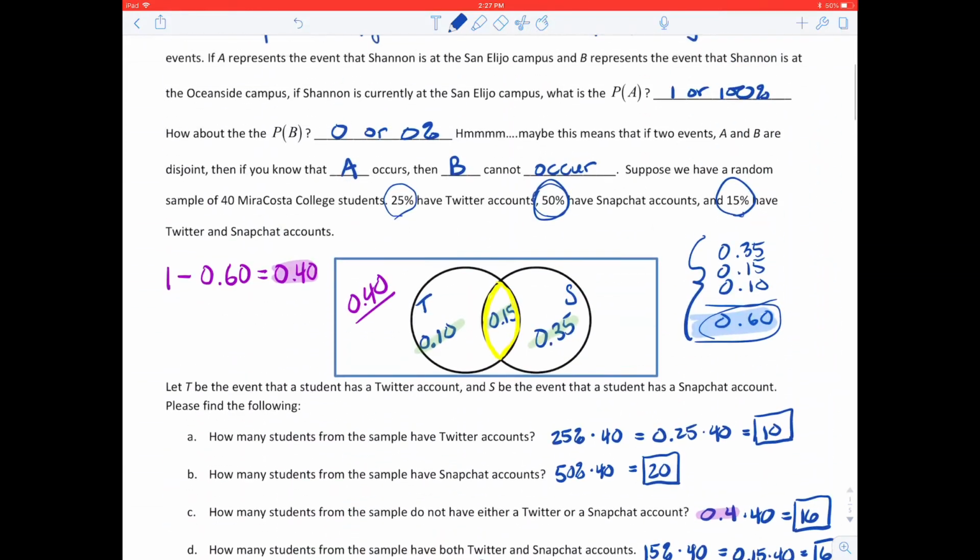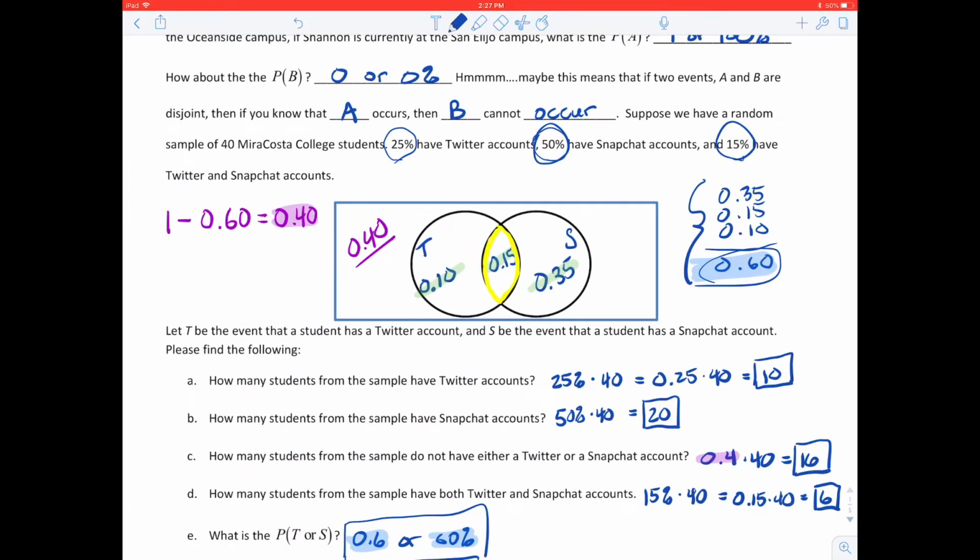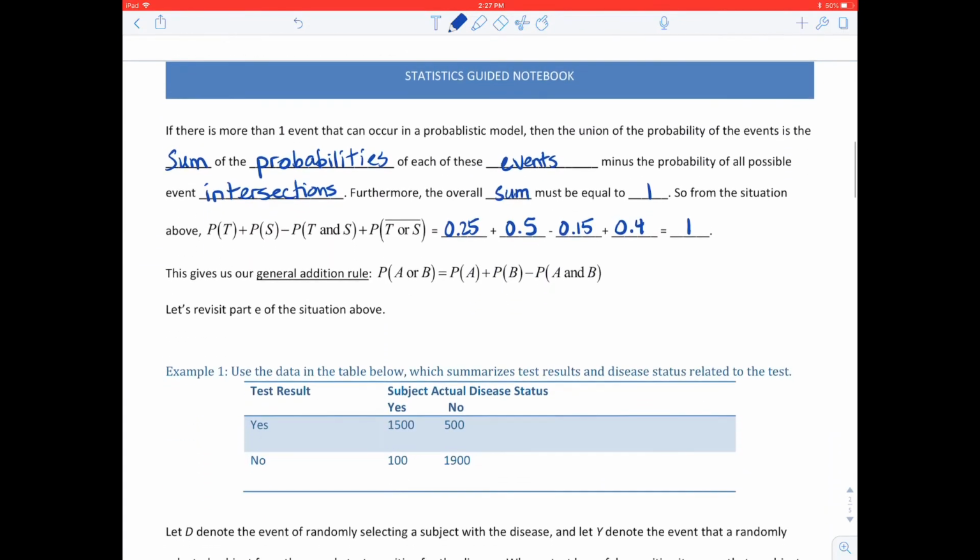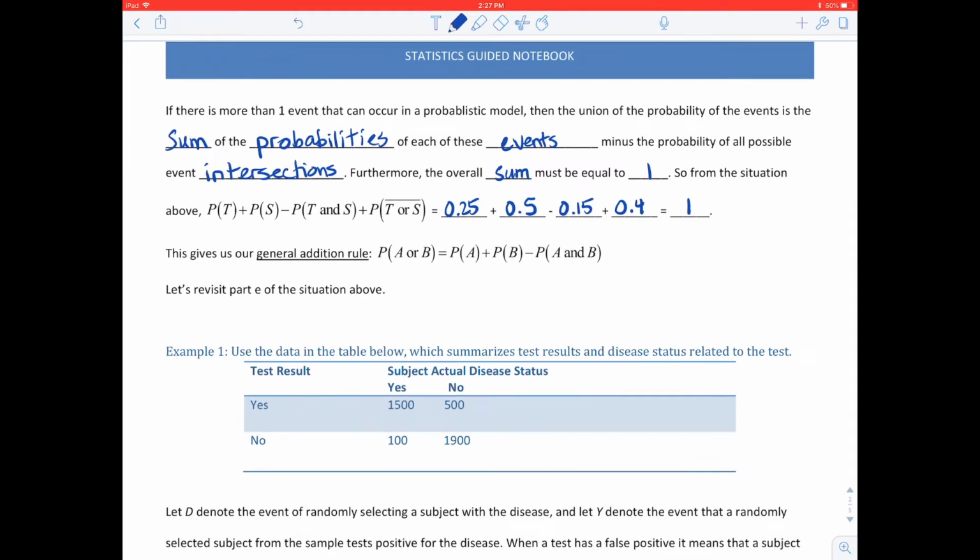Because they don't connect, right? This 0.40 is not ever going to overlap with either of those circles. So the probability of the intersection of that non-event, if you will, with the other two is 0. So I didn't have to worry about that. So if you have disjoint events, remember that if one happens, the other cannot.